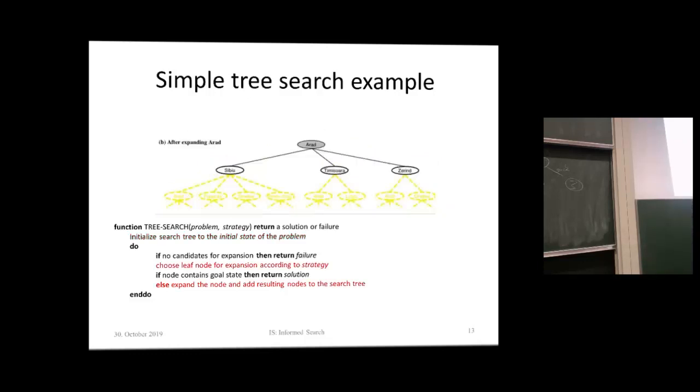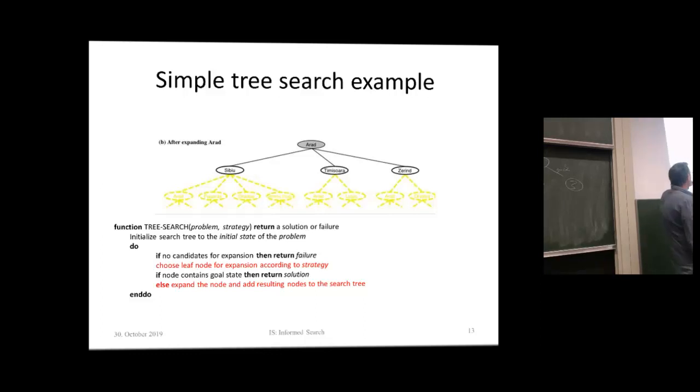There's even an animation. So if we think about again this traveling from Arad to Bucharest, then we just have to build this tree by looking at all the possible ways that you can take from one of the cities to the next one. So you choose the next nodes from your tree.